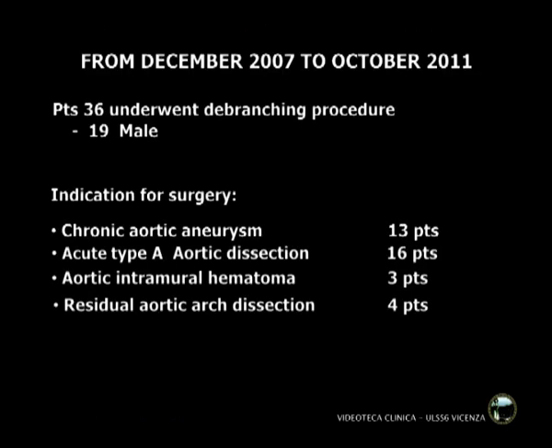From December 2007 to October 2011, 36 patients underwent debranching procedure at our unit. Indications for surgery: chronic aortic aneurysm in 13 patients, acute type A aortic dissection in 16 patients, intramural hematoma in 3 patients, residual aortic dissection in 4 patients.